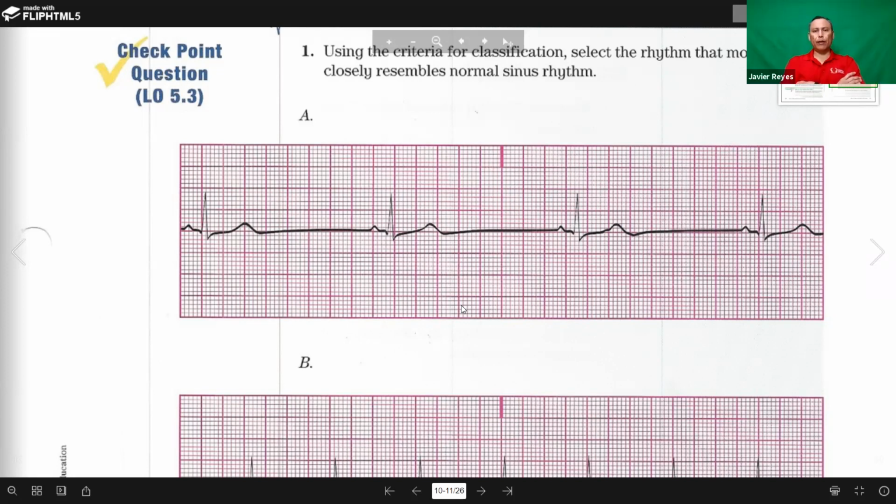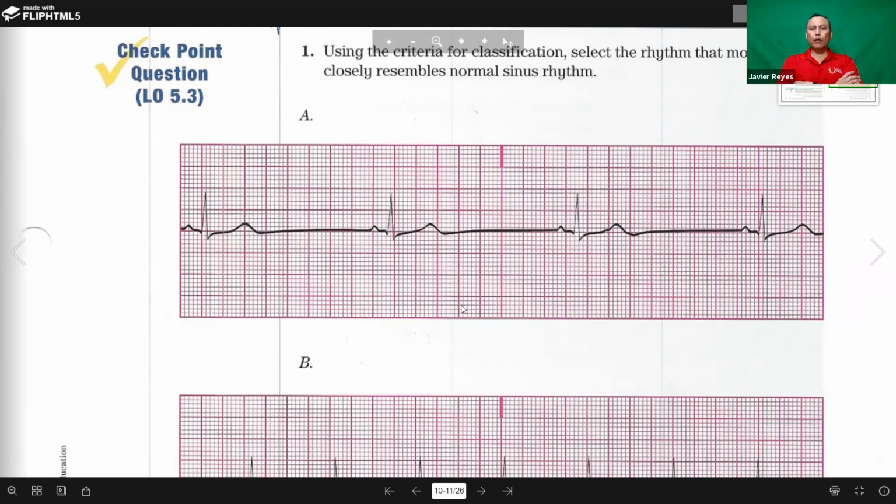Is that a normal heart rate? No, it's too slow. So what do we call a slow heart rate? Bradycardia. Exactly. Because it's a sinus rhythm, we call it sinus bradycardia.